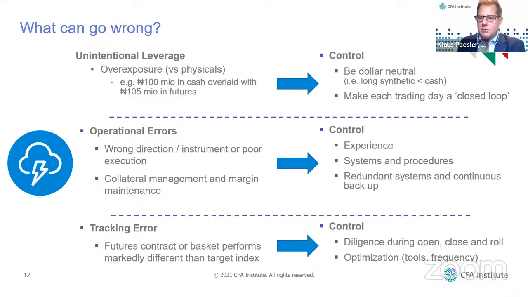The control over this, and how we control these risks, is really the experience, and getting a proper trading desk, and proper systems and procedures to make sure the value of your portfolio is correct, the calculation of the daily margin variation is correct, and the money is moving in the proper ways. And then again, we have tracking error, which we'll go into shortly to see why tracking error is an issue. It's when the futures contract or the basket of securities that I want to hold to mimic or replicate the physical exposure does not match exactly what my target exposure is or my target index is.